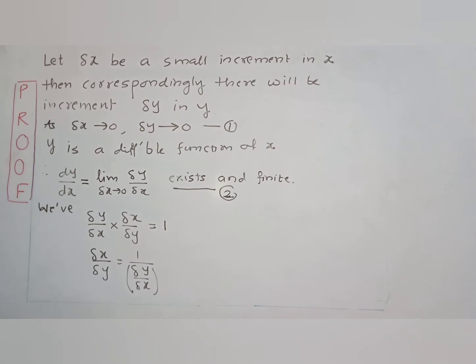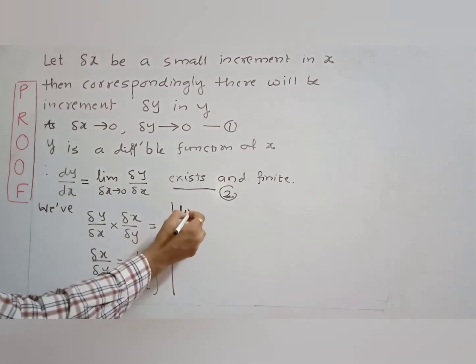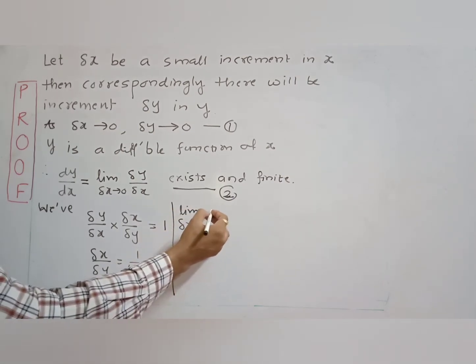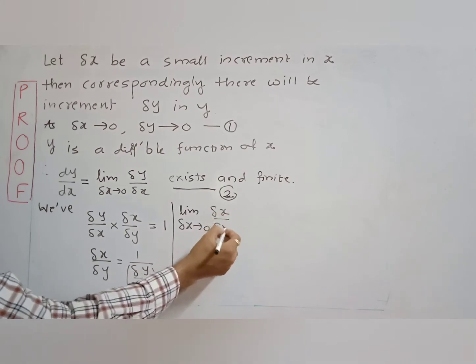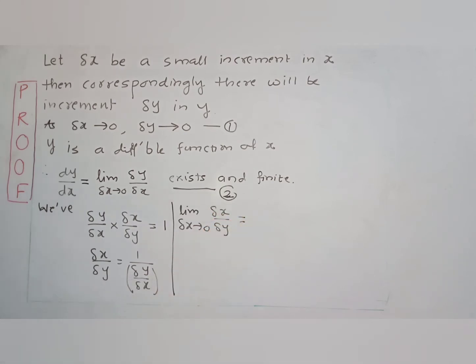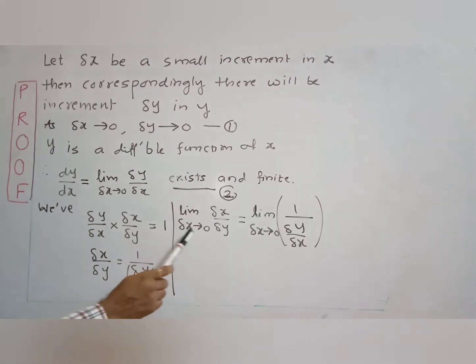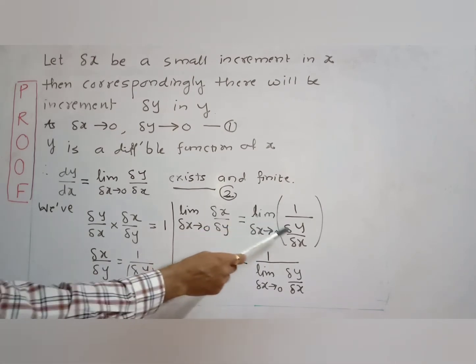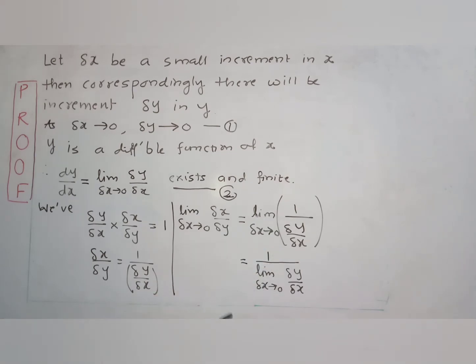Now we shall take a limit delta x tending to 0 on both sides. So limit of numerator, limit of 1, is just 1, and limit of denominator, which is limit of delta y by delta x, is written here.